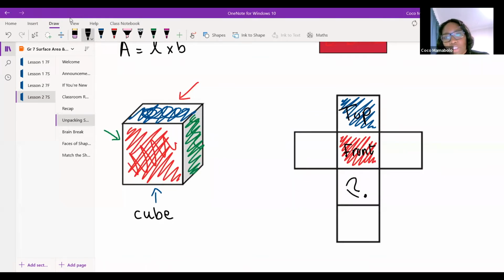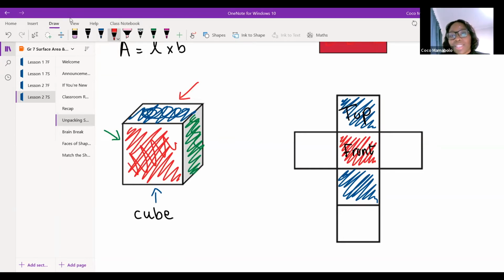What is this part going to be? Excellent, Ntine. It's going to be the bottom, guys, because I'm folding. So it's going to be the bottom side. This part will also be in blue because it's the bottom side of my cube.